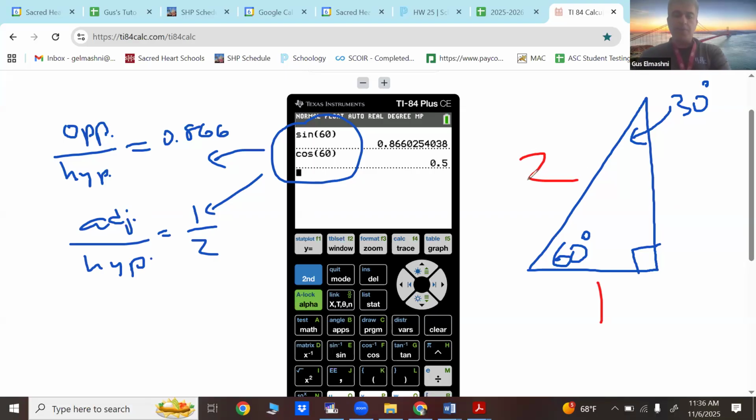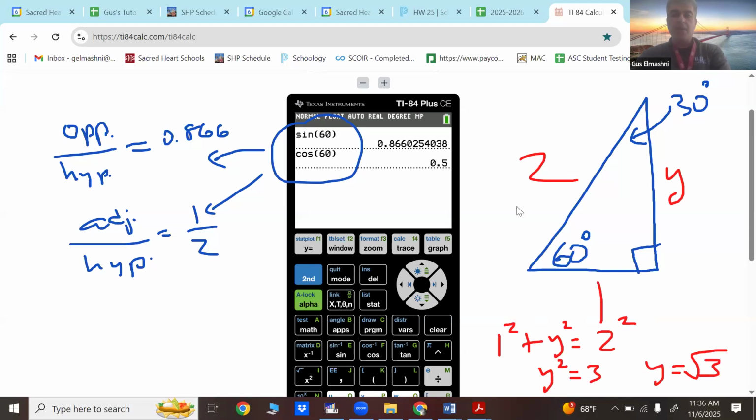So if that's true, and I'll call this y, how would I solve for y? We should know this already, right? What does y equal? Root 3, exactly.